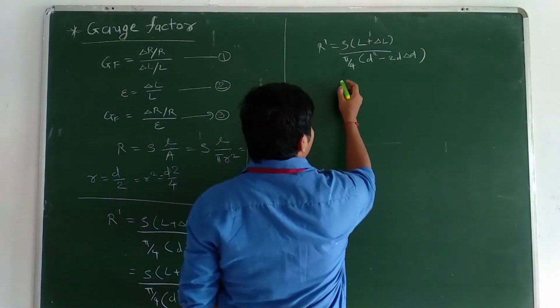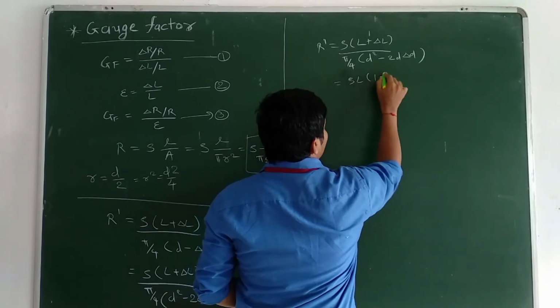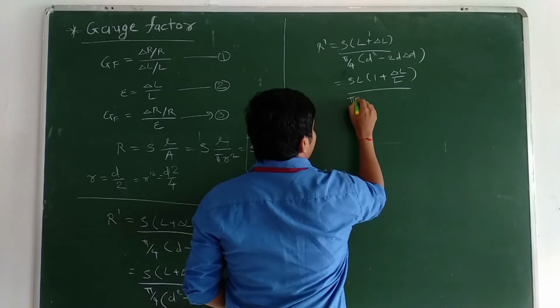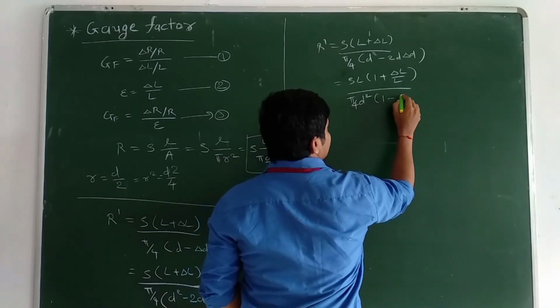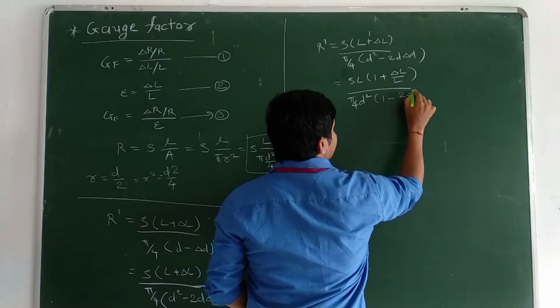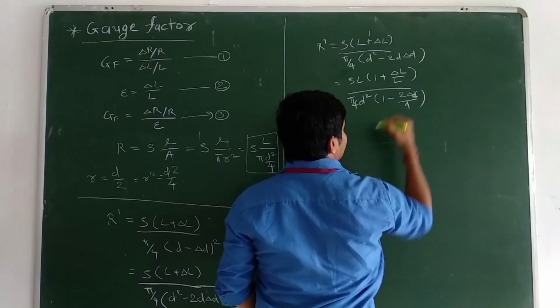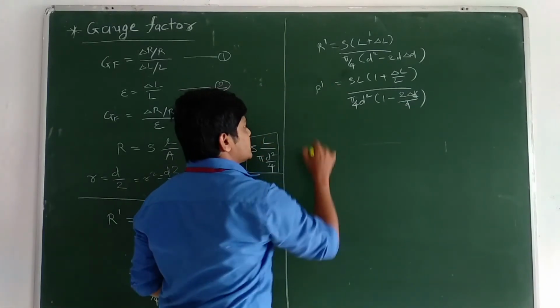Okay, now taking the common L from the upper side and taking d square from the lower side, rho L 1 plus delta L by L divided by pi by 4 d square 1 minus twice delta d divided by d, right? So this is our equation of R dash, that is the change in resistance.